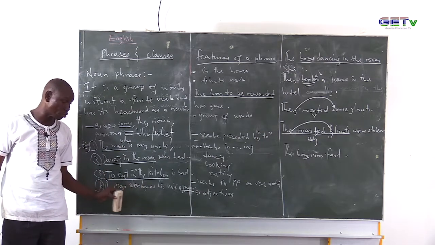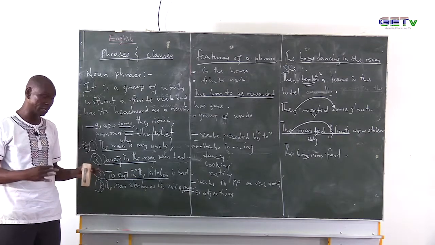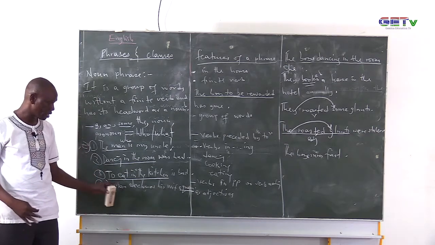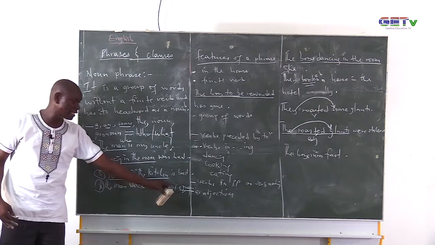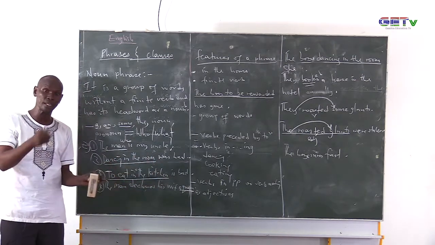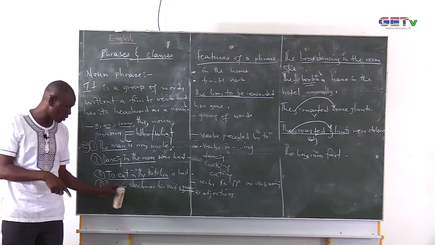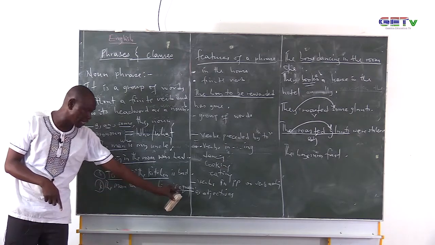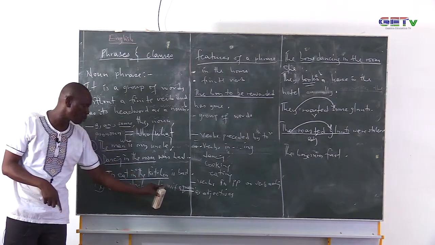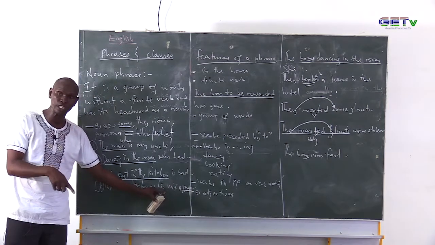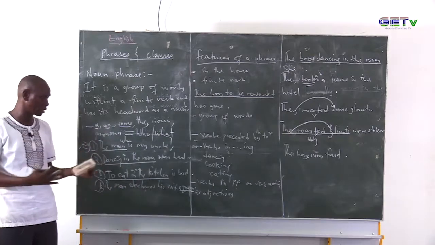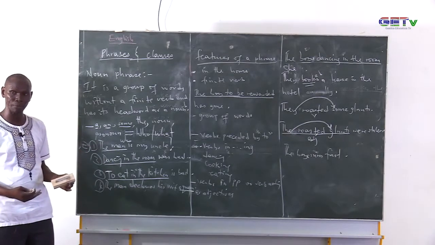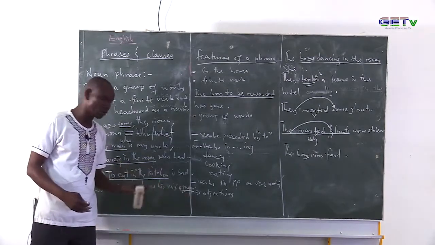We know very well in this context, as we'll come to look at the different functions of noun phrases, the direct object is wife. And this "a queen" is complementing that direct object. So therefore, this is a noun phrase and it is an object complement. So it is complementing the direct object here. Though we are yet to look at that, it is just to make you understand better.